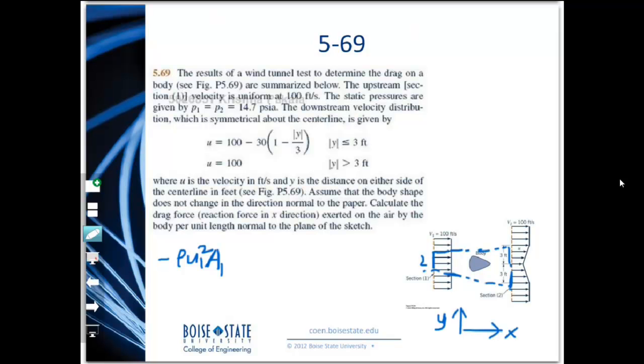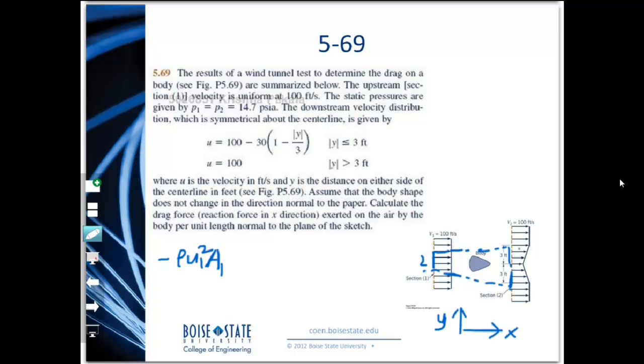Whereas for this term it's a little bit tricky, so you have to remember your math. If you look at this function, it is an even function, right? An even function is defined as f of x equals f of negative x.